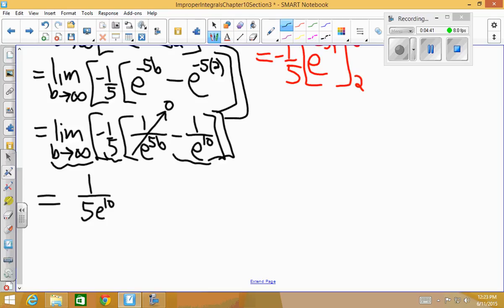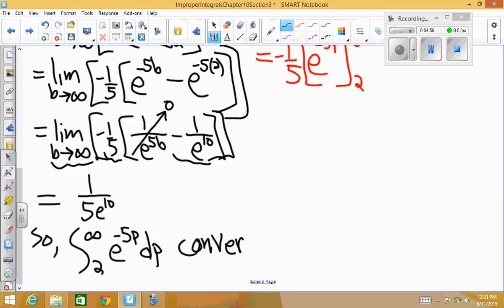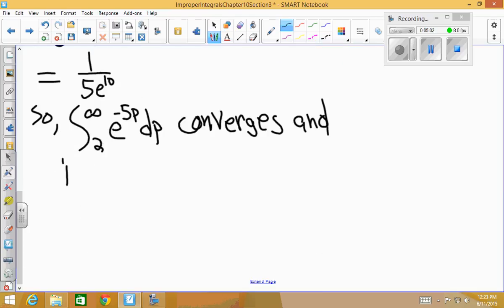So we can conclude the integral from 2 to infinity, e to the negative 5p dp converges because that limit converged, and the integral is equal to 1 over 5e to the 10th.